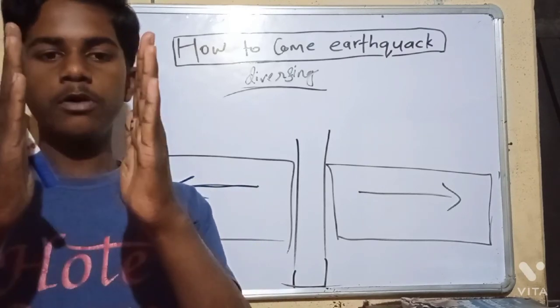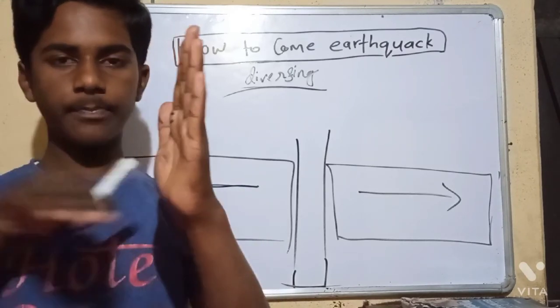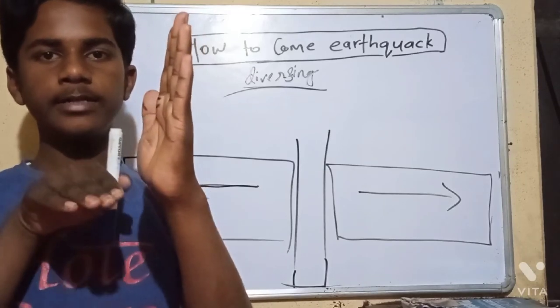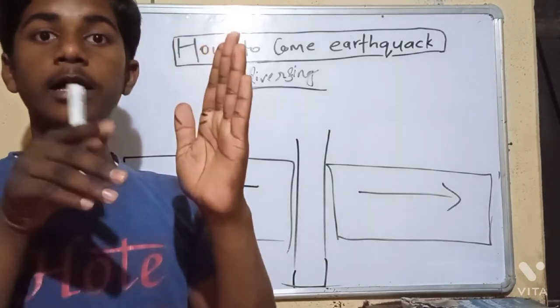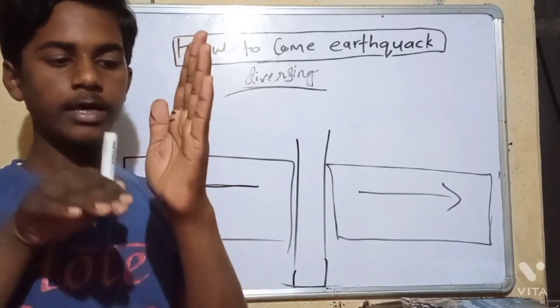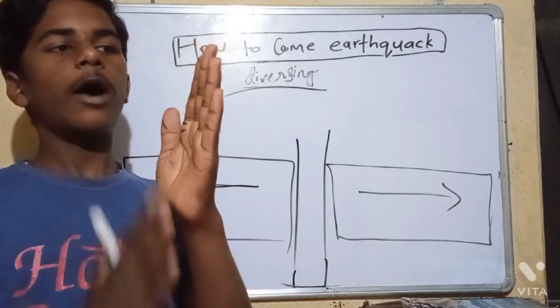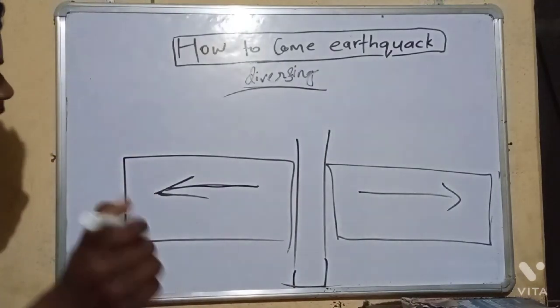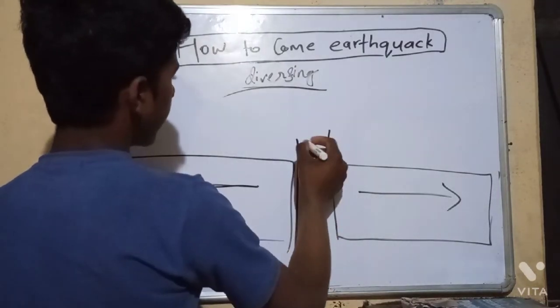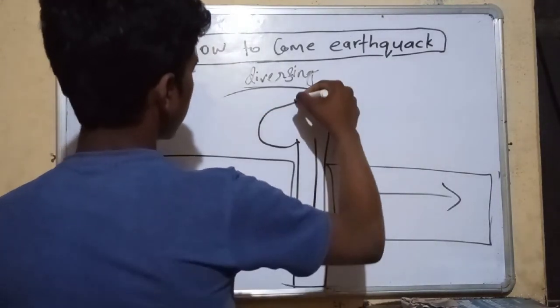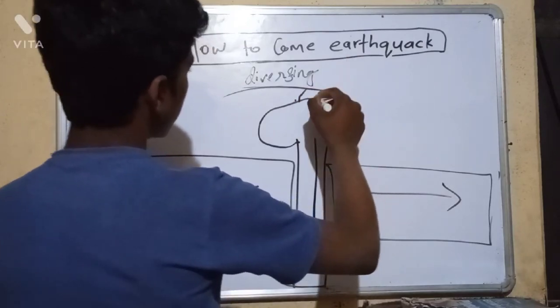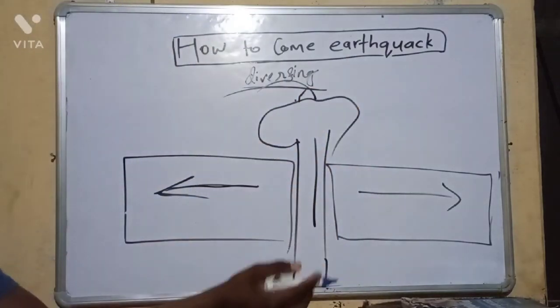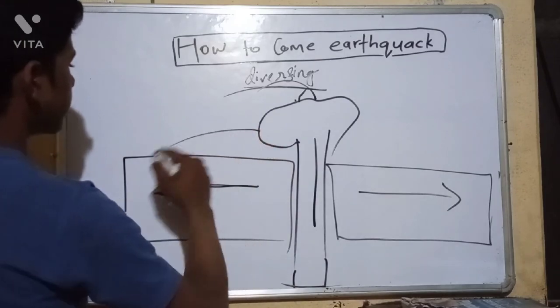Here the mantle is present. Mantle is in liquid form, it comes upside and forms a volcano. Volcanic eruption occurs and the area is harmed.